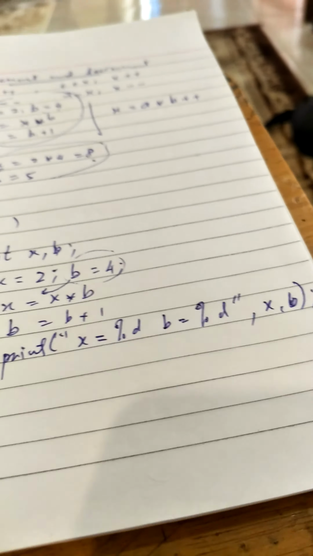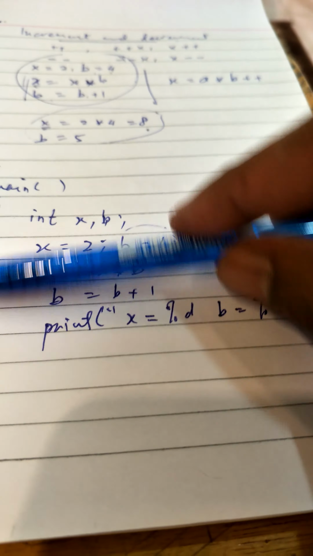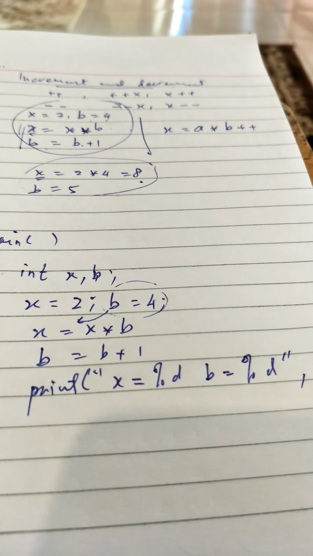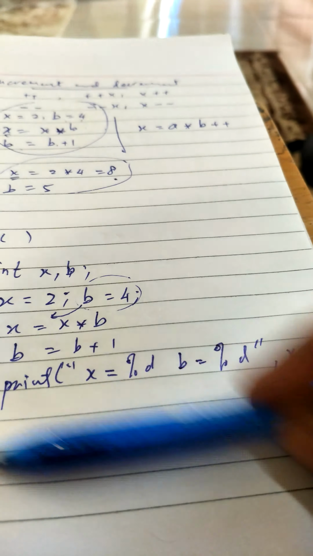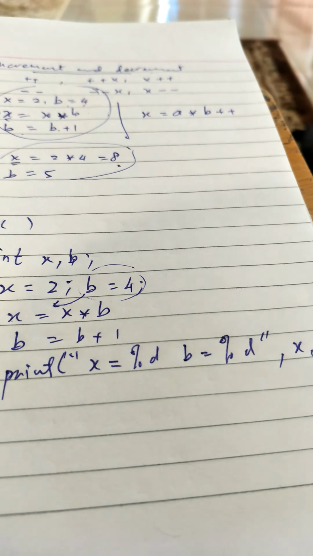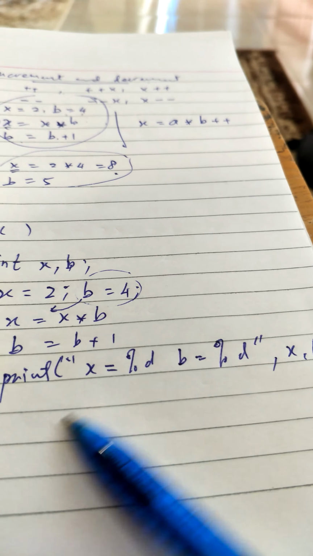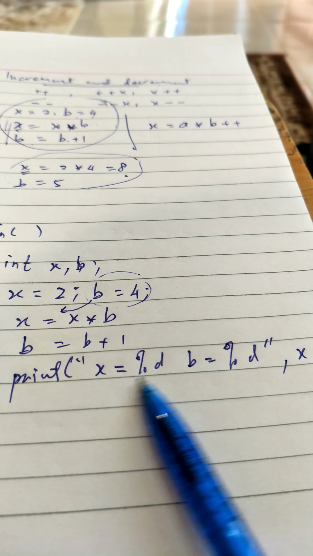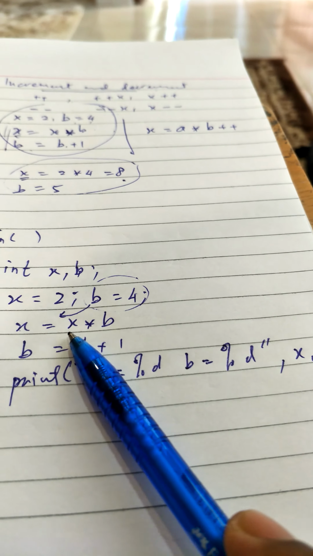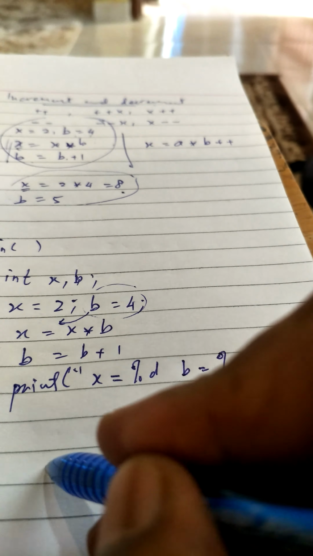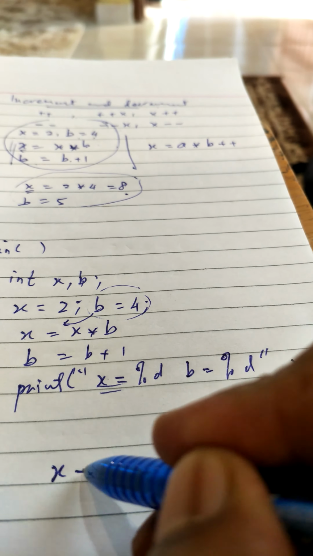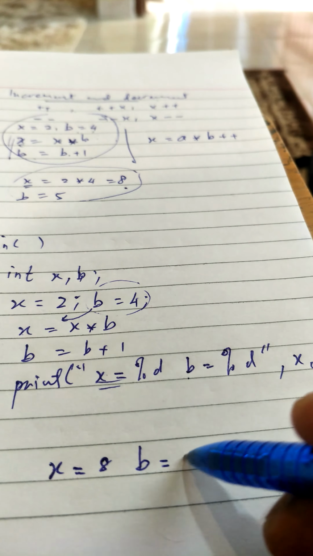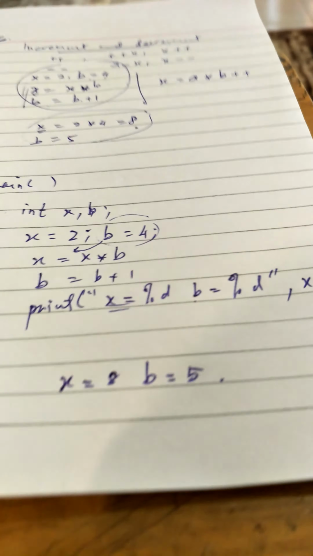If you do this program, I think you can play around with this in a C compiler on your computer. It's a very simple program to get used to. Then if you compile and run this program, it will give you x equal to 8 and b equal to 5. This is the output you have.